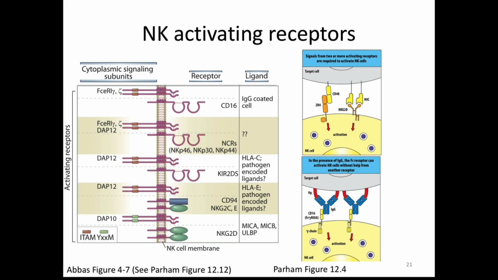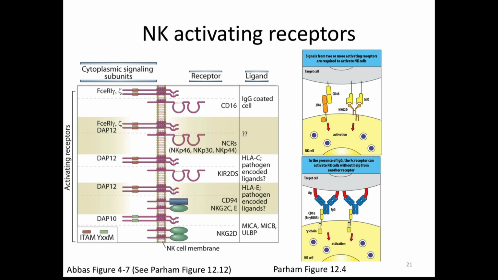Instead, I'm going to give you some specific examples of NK activating receptors so you can see how those particular receptors work. But again, it's going to be a little bit variable or all over the place. I'm going to tell you two famous examples of NK activating receptors, what they bind and how they work.